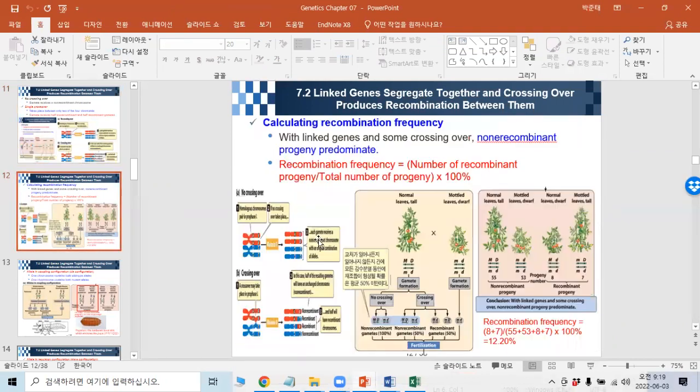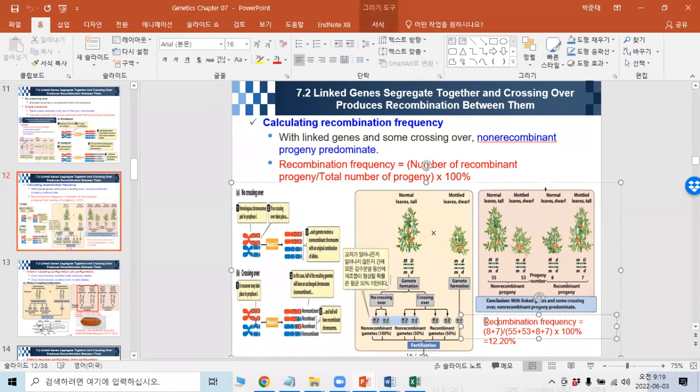It means that 50% will be non-recombinant and 50% will be recombinant. Non-recombinant is large M, large D and small m, small d. The recombinant cases are large M, small d and small m, large d.